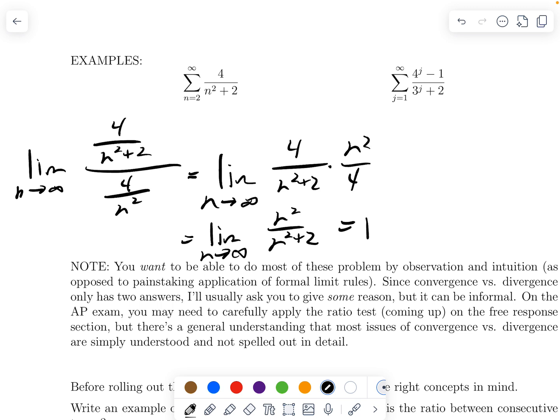And we know that this limit is 1. That +2 doesn't matter by asymptote rules, or you can do L'Hopital's rule. So we're comparing these two series, and we're saying in the limit, one is basically 1 times as big as the other, right? They're roughly the same size in the limit. And since we know this converges because it's a convergent p series, that means this top one converges.